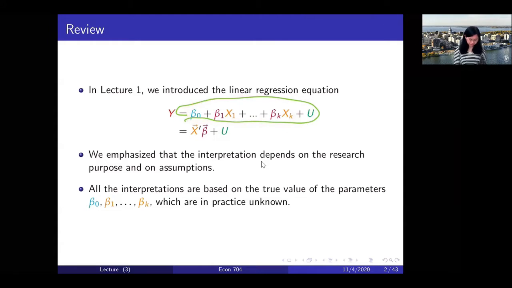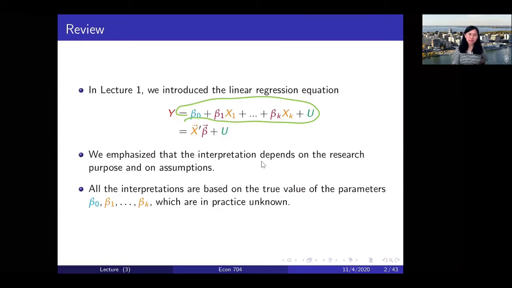And if the purpose is causality, then we give a model. We give a story to this equation. We say that y is generated from the random variables x and the u in this form, and in that case, the betas can be interpreted as the causal effect of the x variables.